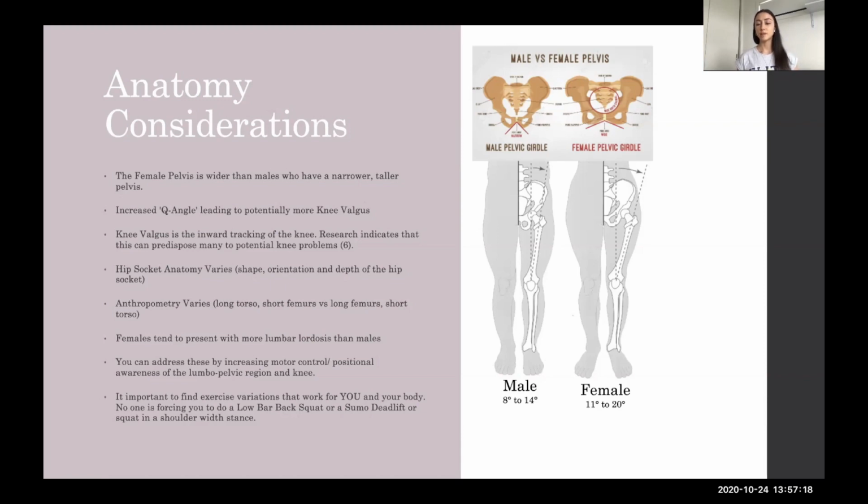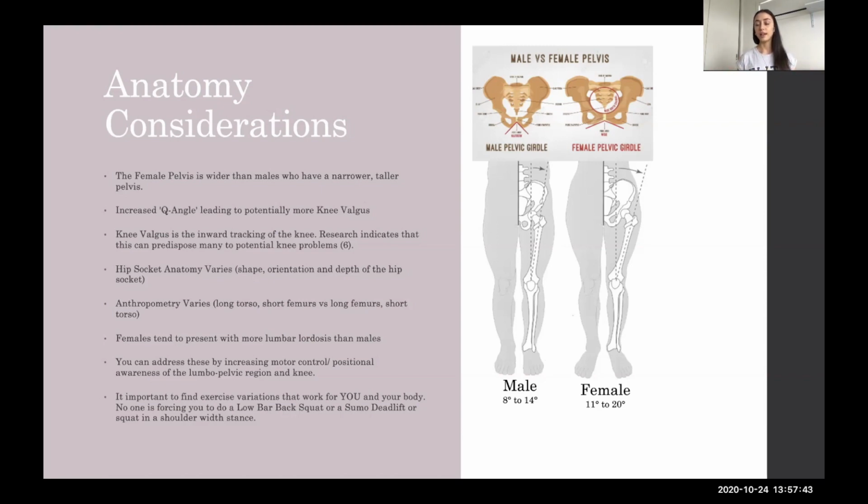So we can address this by increasing that motor control and positional awareness of what the knee is doing during, say, your squats, your deadlifts, your lunges, as well as your hip thrusts. You can create that proprioception by putting a band around the knees to tell them, okay, we've got this thing pushing them in, we need to push out against them.